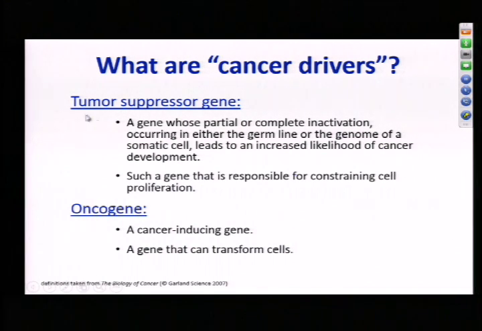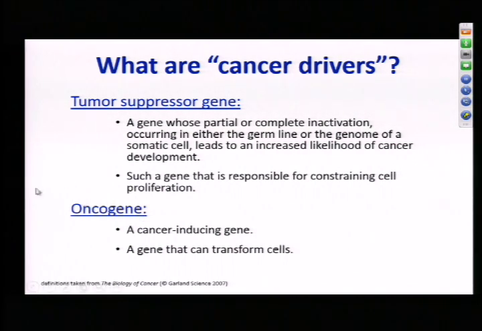Tumor suppressors, as the name implies, are genes whose function it is to suppress growth, to maintain the integrity of the genome, behaviors like this that would suppress or reduce mutational burden and restrain cell cycle. An oncogene, on the other hand, is a gene that encodes a protein that contributes positively to cell cycle, something that promotes proliferation, something that drives cell invasion or other sorts of behaviors that might promote cancer.